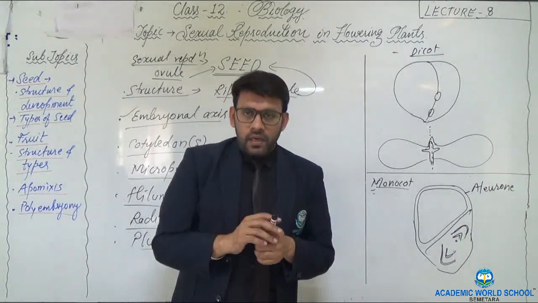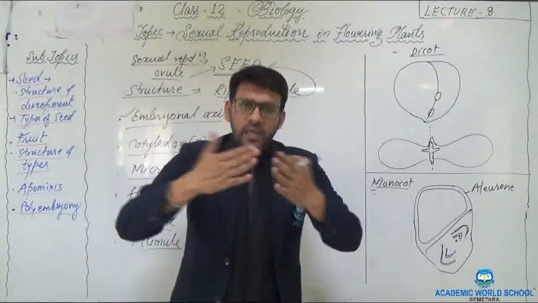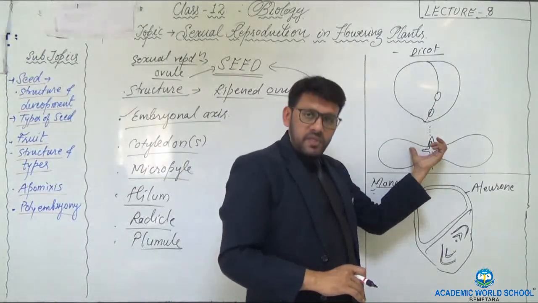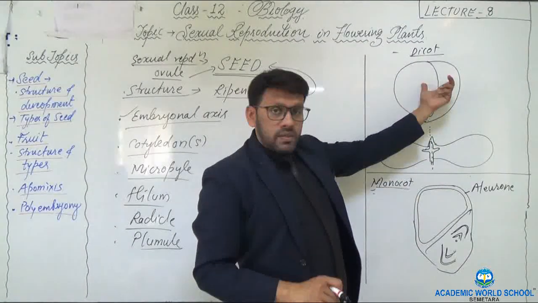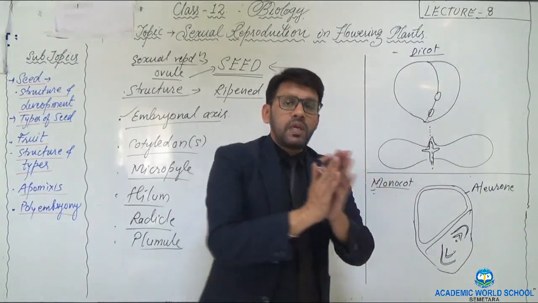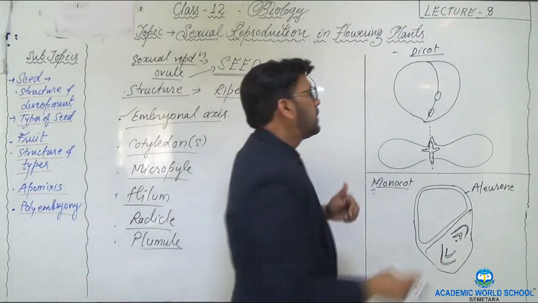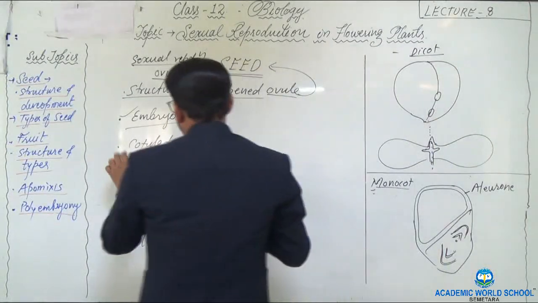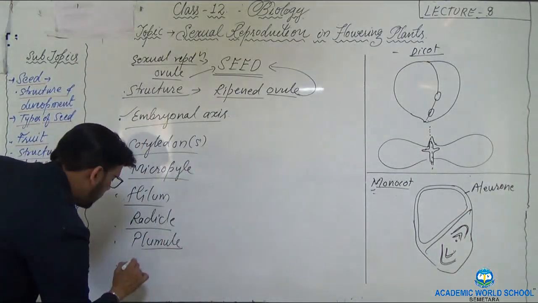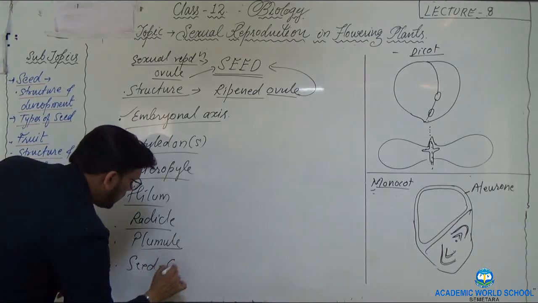Once it gets swollen, you just remove the entire covering. So you will see this type of structure. This is the overall structure of the seed, and these show the opened part of the seed. So the seeds, cotyledons, and then one thing I have forgotten here, it also has the seed coat.